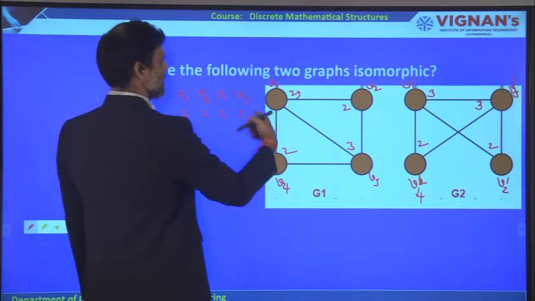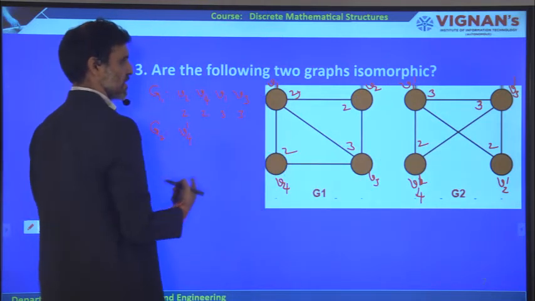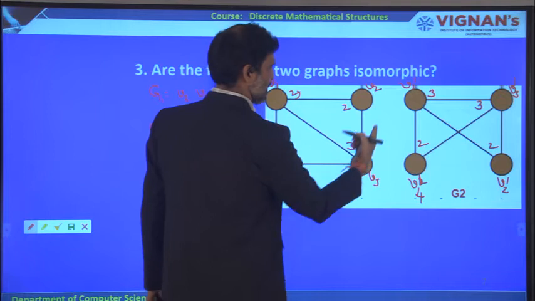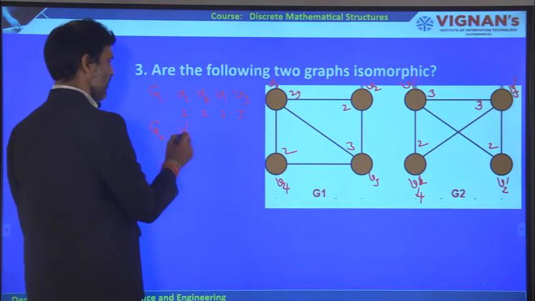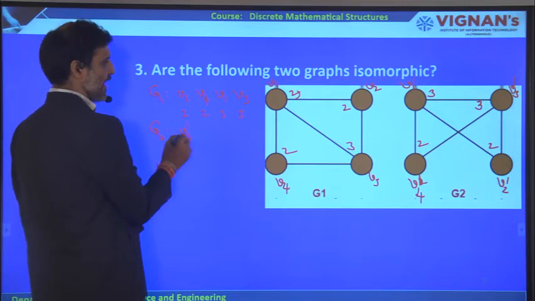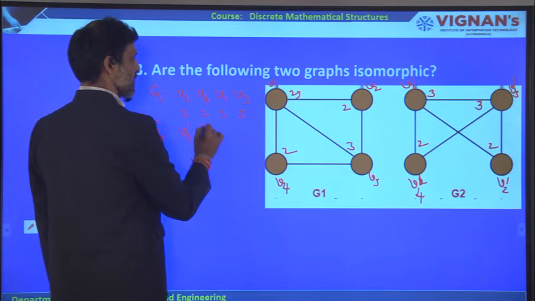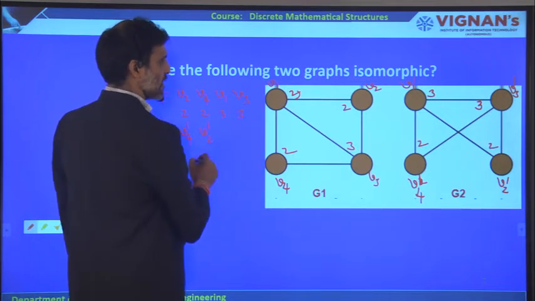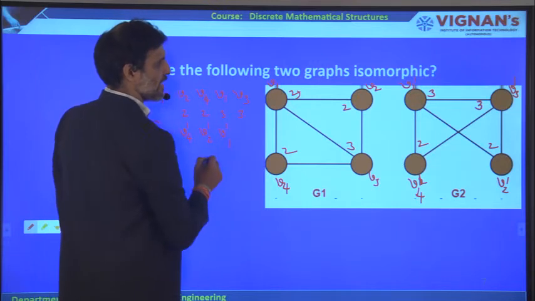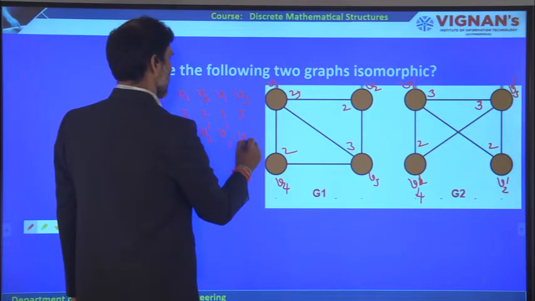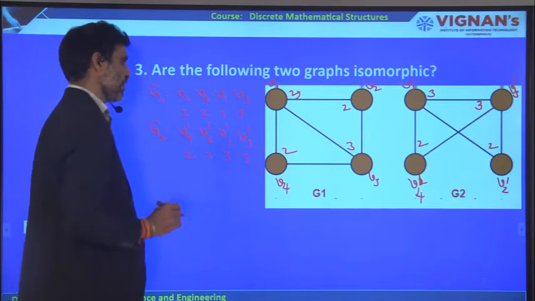That means this vertex is equivalent to this vertex in this particular graph, and this particular vertex is equivalent to V3 dash. Like that you can take V4 dash, and then V2 dash, and then V1 dash because it has degree 3, and then V3 dash. So you will get 2, 2, 3, 3, like this.